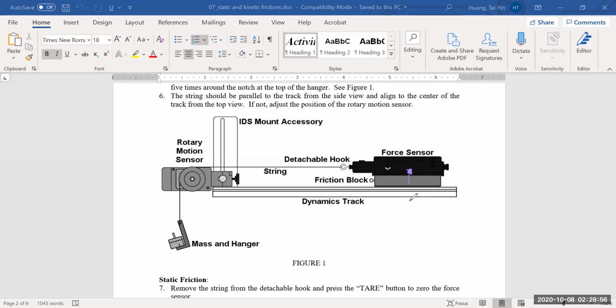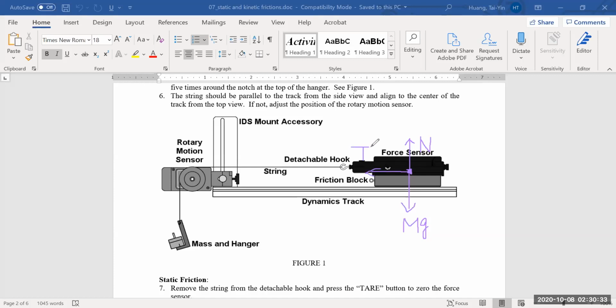The combined mass, we use capital M to indicate the combined mass, which is the mass of the force sensor plus the mass of the friction block. And then you have the normal force. These two forces have to be balanced: N is equal to Mg, because this thing is not moving vertically. And this thing is not moving horizontally either, meaning that you already put some mass on the mass holder, so there's a tension in the string.